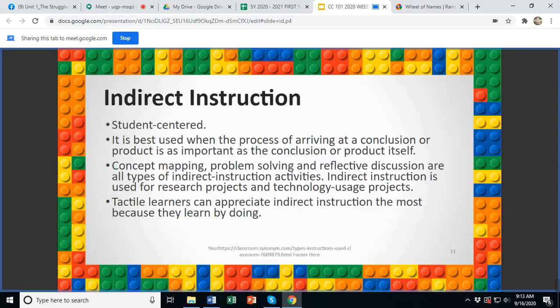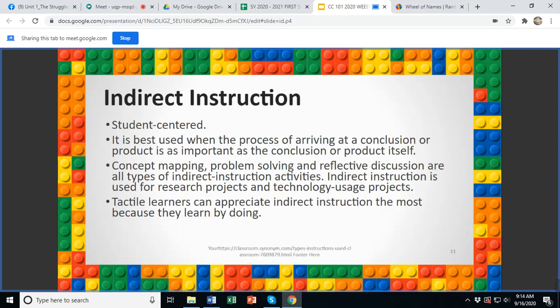The other one is indirect instruction. So it is student-centered. This is best when the process of arriving at the conclusion or product is as important as the conclusion and product itself. In this type of indirect instruction, this is good for those students who need a sense of touch or need to feel something for them to absorb the instruction.